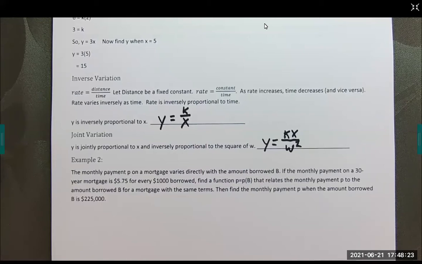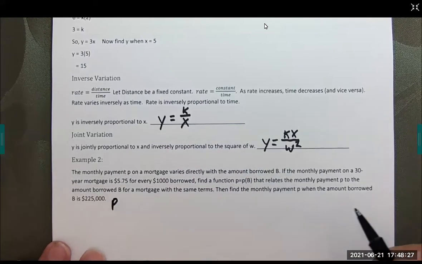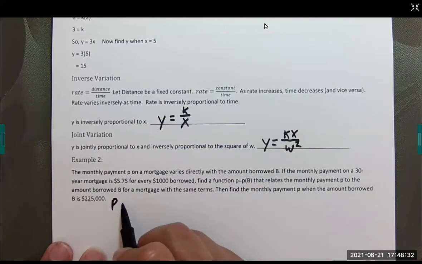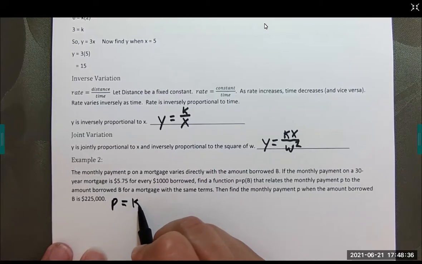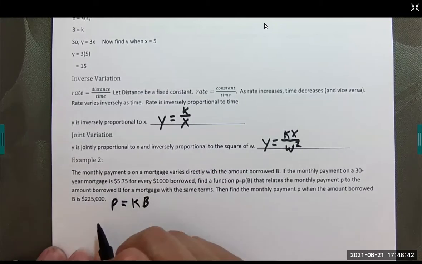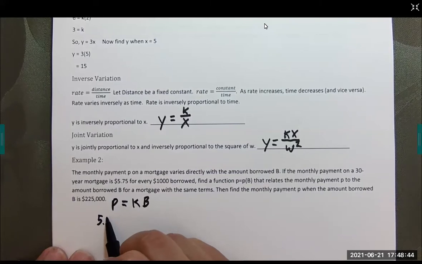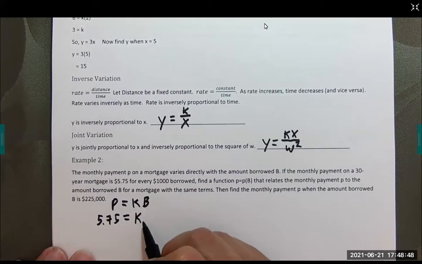All right, so here we go. We're going to let P represent payment, and that's going to be directly proportional to the amount that was borrowed. And we know that the payment is going to be $5.75 for every $1,000 borrowed.